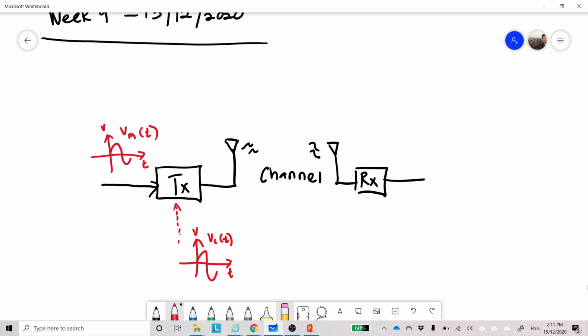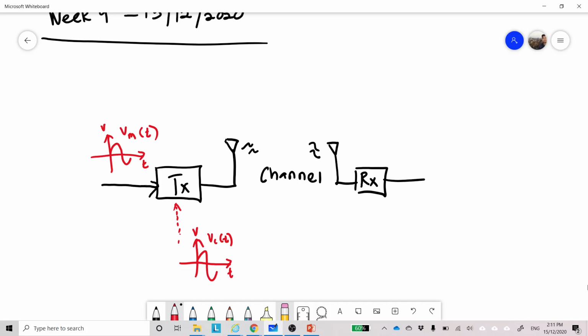Manakala frequency modulation secara tak langsung merupakan indirect PM.